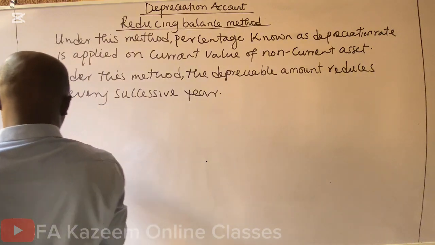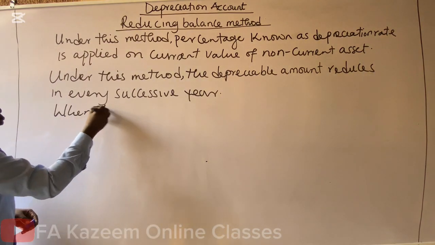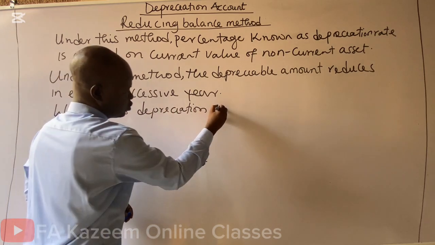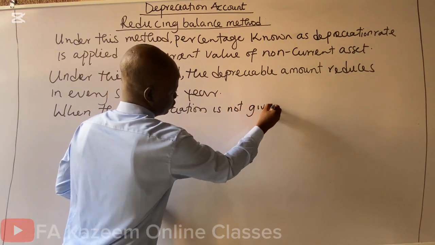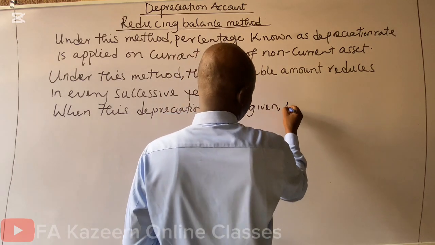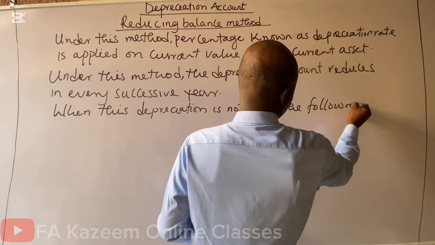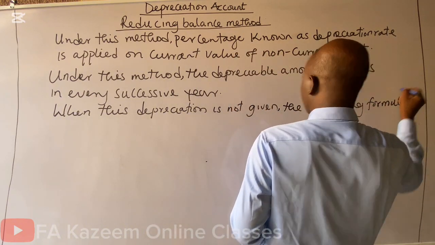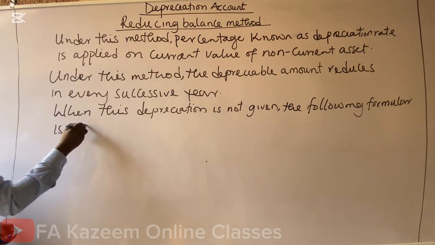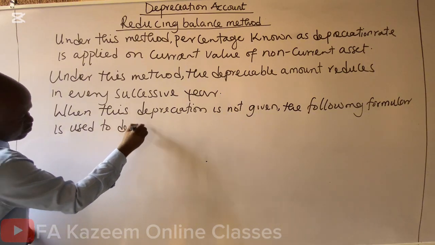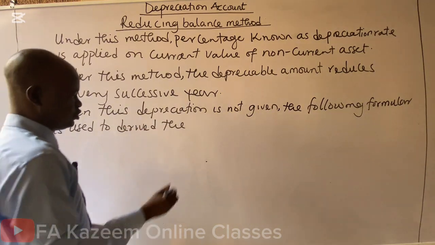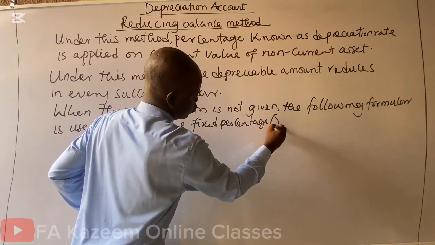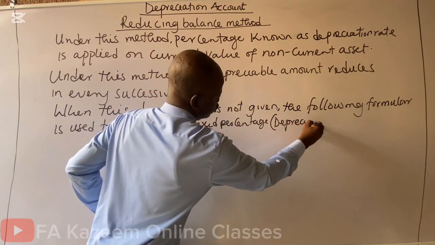Now, when this depreciation rate is not given, the following formula is used to derive the fixed percentage known as depreciation rate.